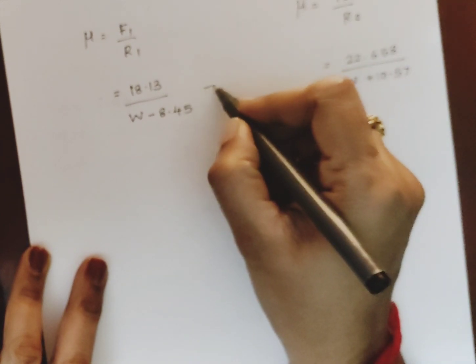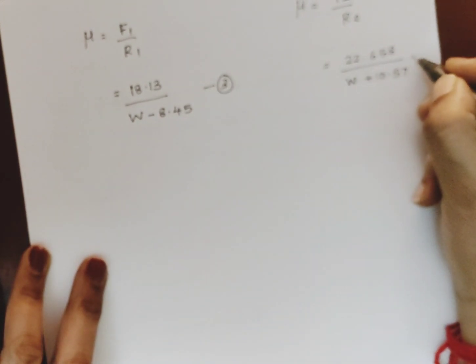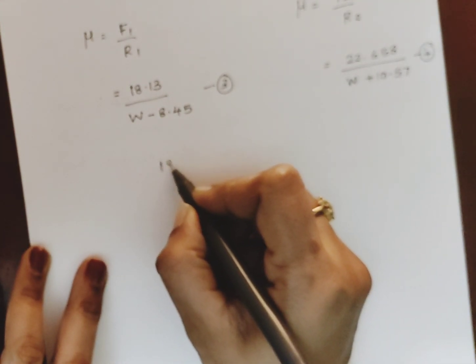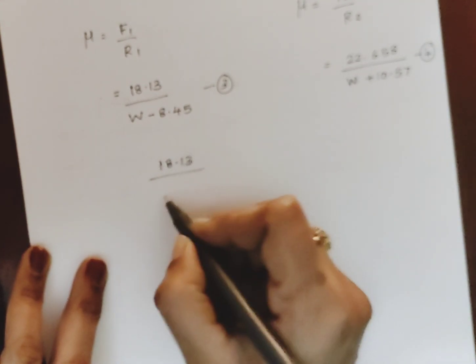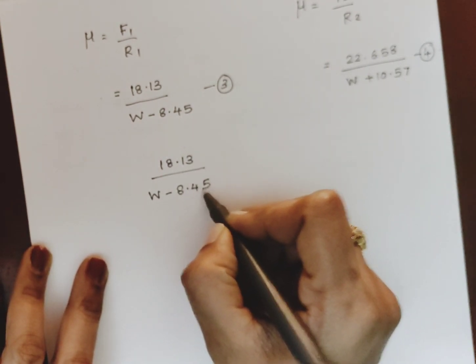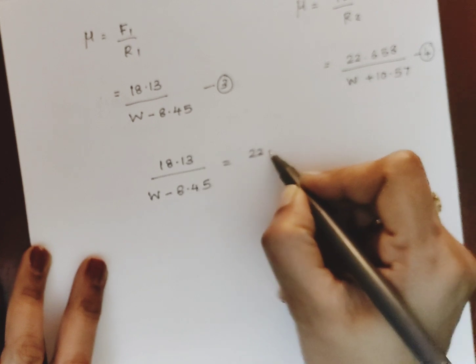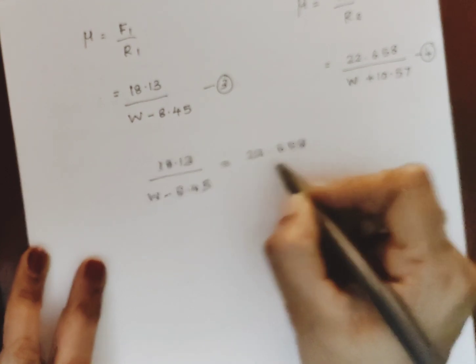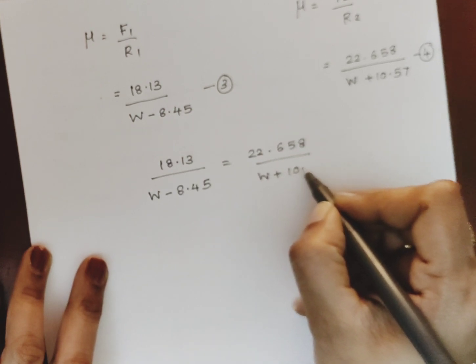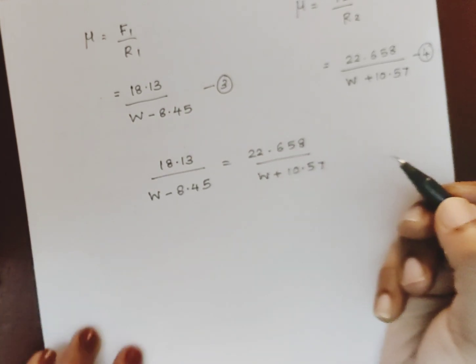So you have to equate the equation 3 and 4. So 18.13 divided by W minus 8.45 is equal to 22.658 divided by W plus 10.57.